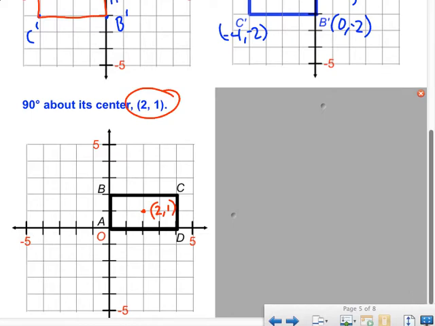So we're rotating it around that point. So I need you guys to calculate the new points. For this one, I wouldn't expect you to figure out the rule. The one above, maybe. This one, no. So take a moment. Come up with the image points for A, B, C, and D.